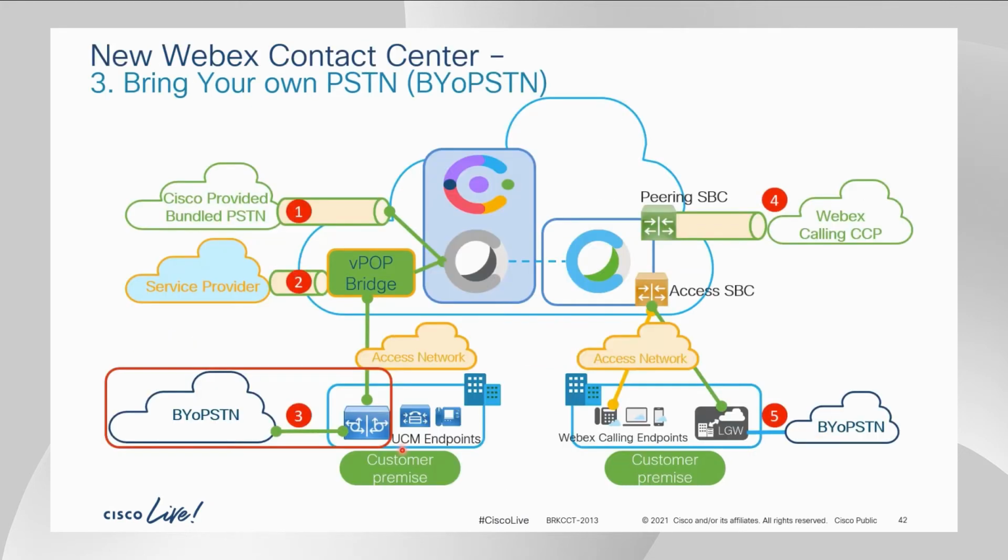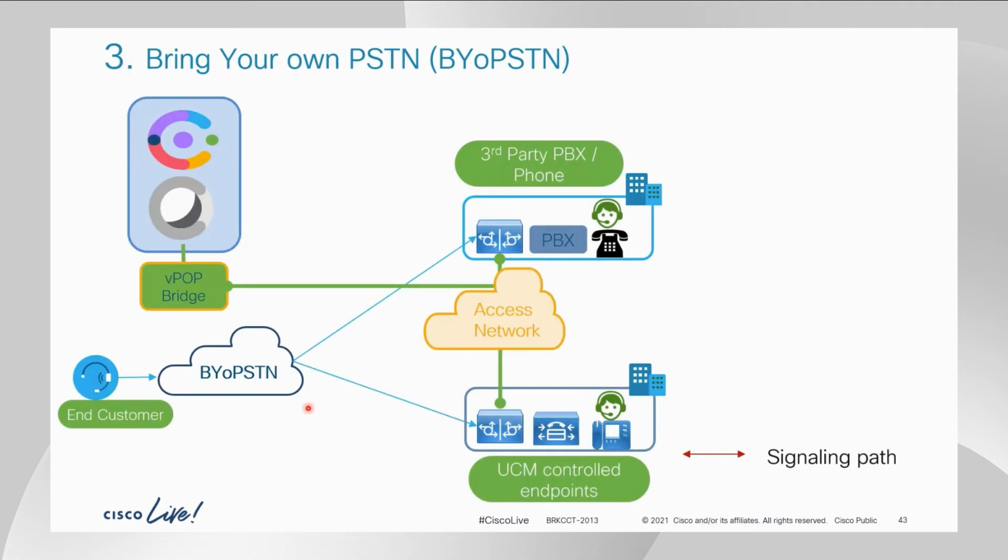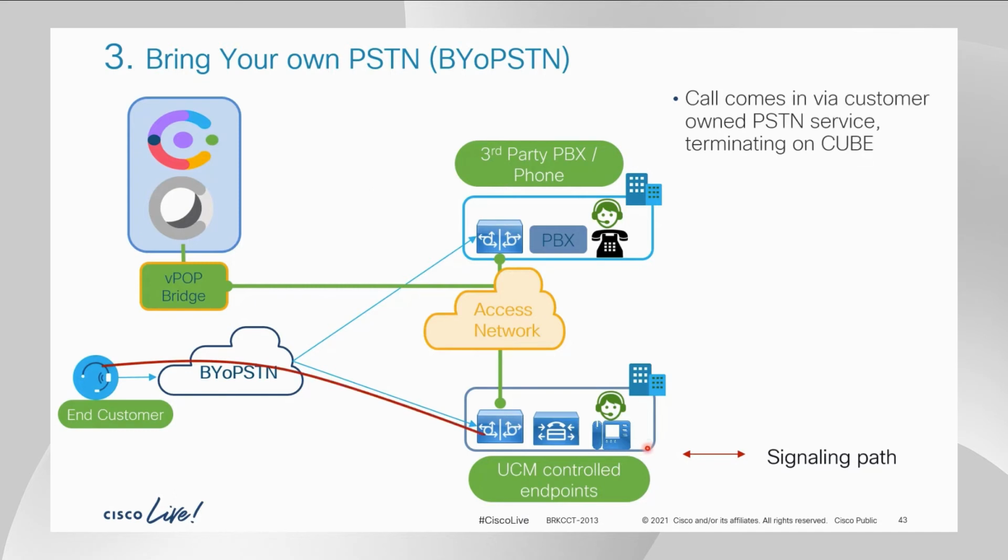Then let's look at the bring your own PSTN option. There are two flavors of this: either the agent is based on a third-party PBX, or the agent is a Unified CM endpoint. The call comes in via the customer-owned PSTN services, terminating on CUBE, and then CUBE, based on the configuration we have placed on it, most likely the phone number, sees that the call is destined for the contact center.